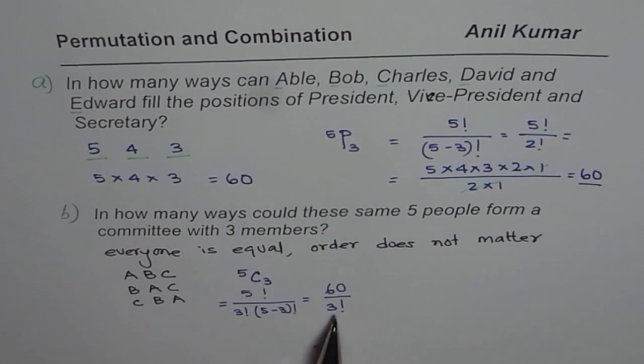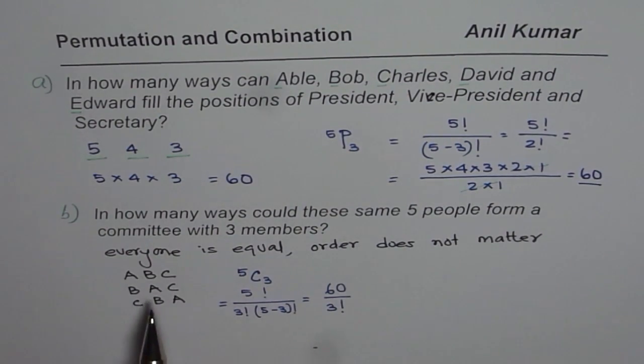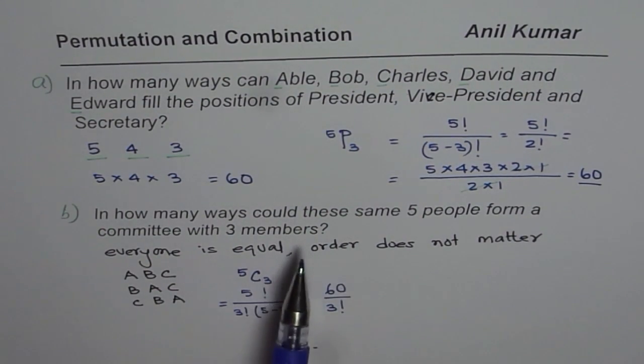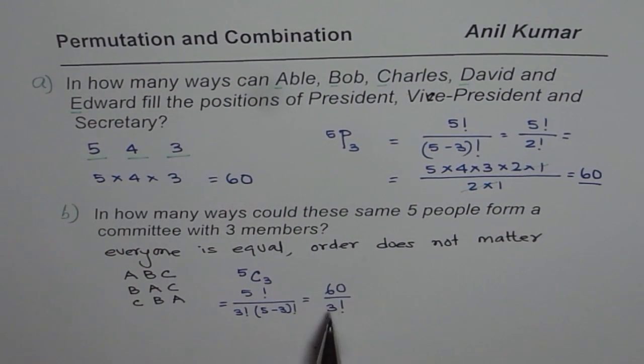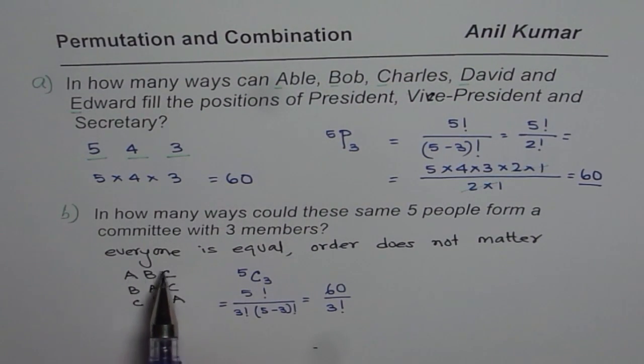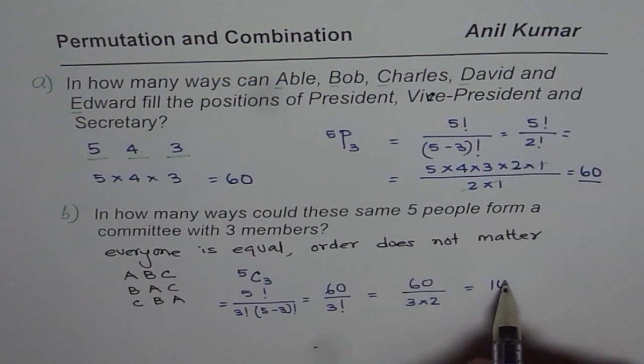You will recall from here that 60 is the case when we assume that these three positions are different, right? Now 60 has been divided by 3 factorial because 3 persons in a committee will form 3 factorial permutations. You see that? So it is 60 divided by 3 times 2, which is 6, and so you're left with 10.